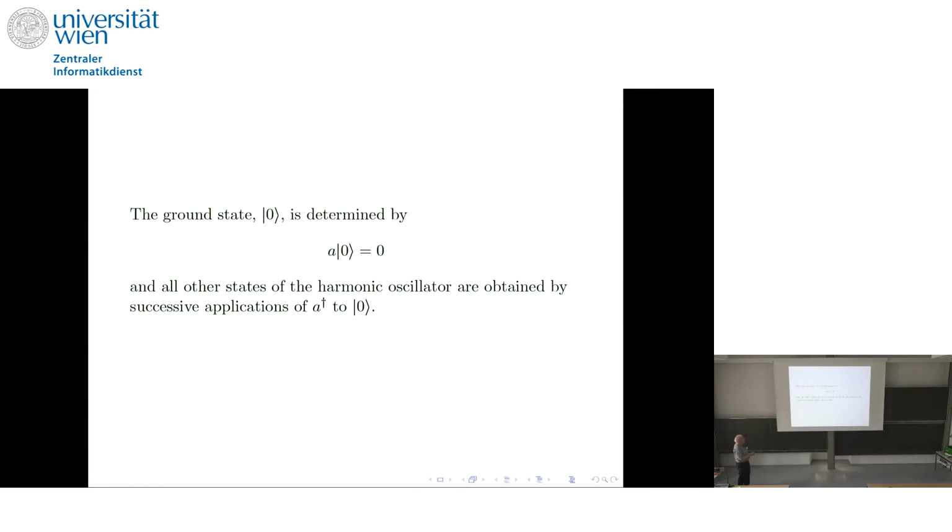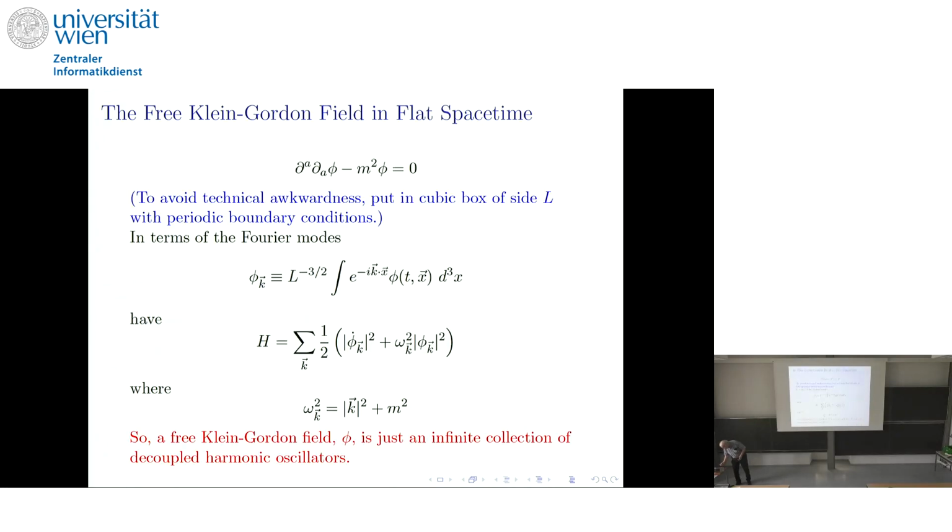So the Hamiltonian is bounded below. There will be a ground state, which will necessarily be annihilated by the lowering operator, since you can't have an eigenstate of lower energy. And you can obtain all the other states of the harmonic oscillator by applying the raising operator to this ground state.